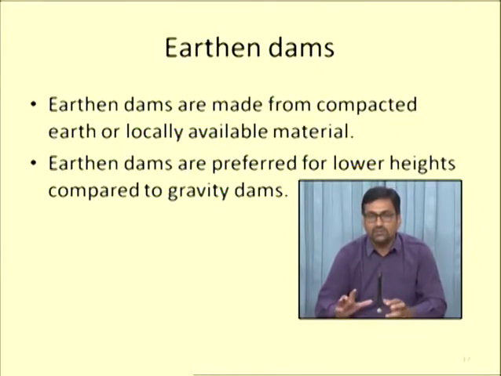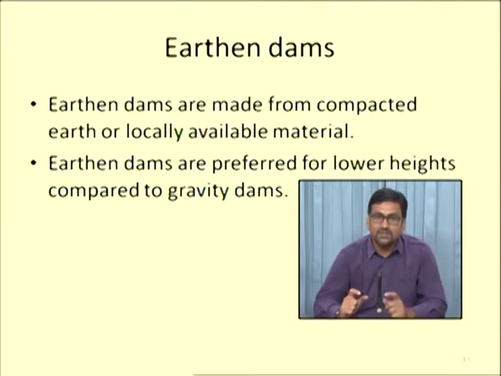Here we are not concerned with the weight of the dam, but the soil should be compacted so that it won't allow water to seep through or go downstream directly. That should not be possible during or after construction.